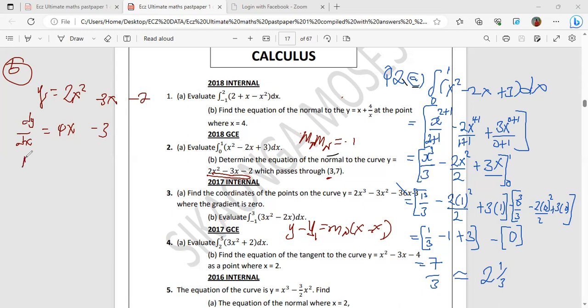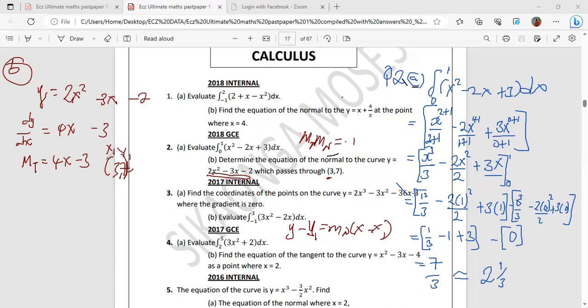So this we said we call the gradient of the tangent. So the first derivative, the first gradient function that you get there, is the gradient of the tangent. So 4x minus 3. So now we've been given 3, 7. So this is x, this is y.